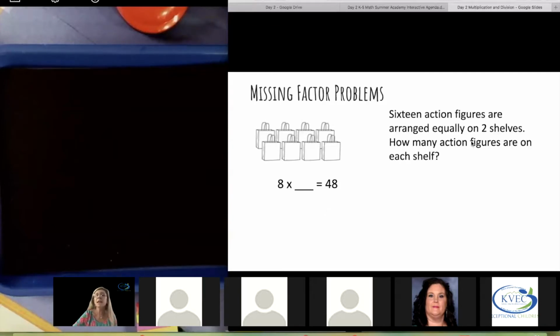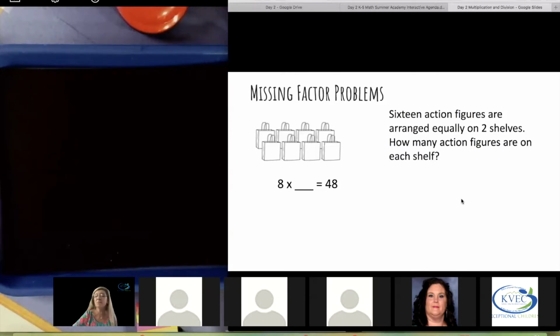So 16 action figures are arranged equally on 2 shelves. So how many action figures are on each shelf? What's missing there? Do we know the number of groups? Yes, 2, right? Number of groups is not missing. Do we know the product?